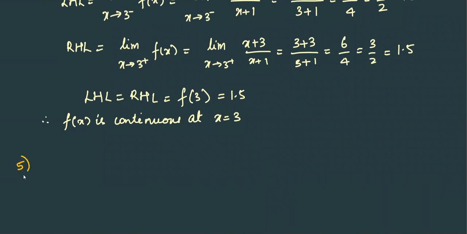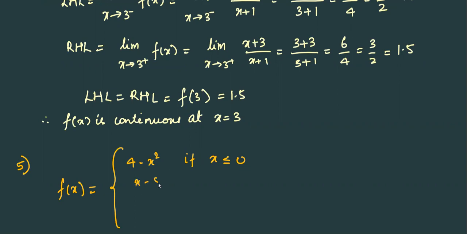Fifth problem. Now, f of x is given by 4 minus x square if x is less than or equal to 0.